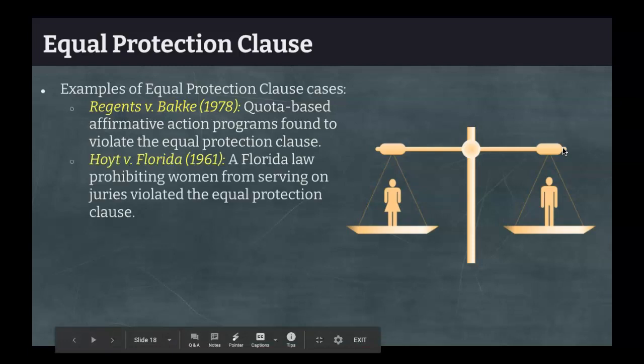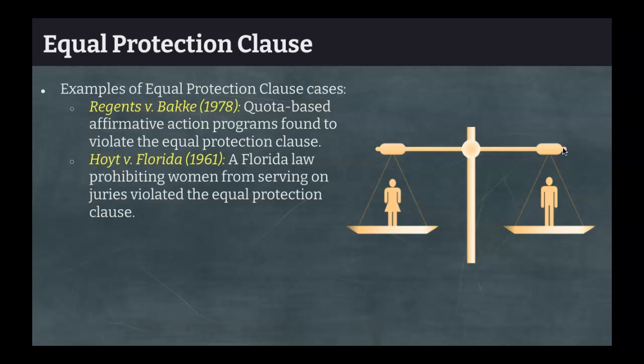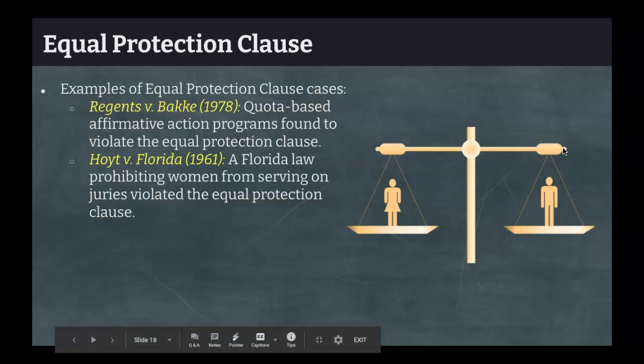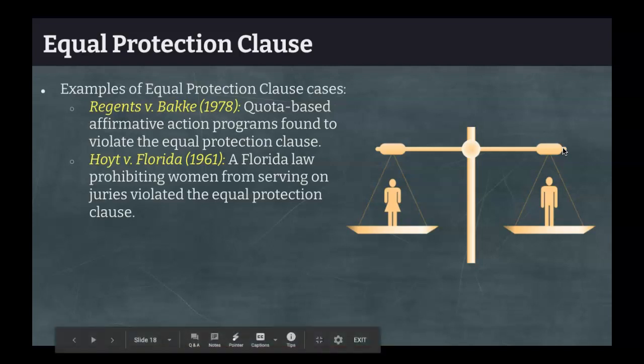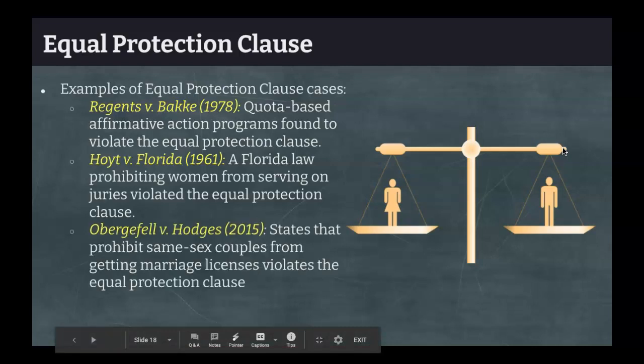And Hoyt versus Florida, in which the Supreme Court in 1961 found that a Florida law prohibiting women from serving on juries violated the Equal Protection Clause, thus requiring the states to recognize equality of opportunity for both genders.